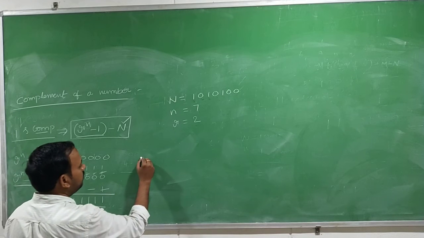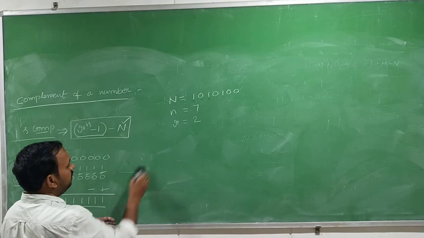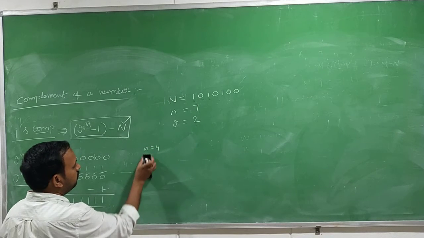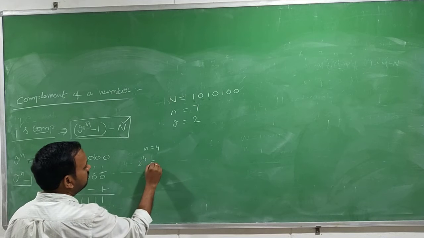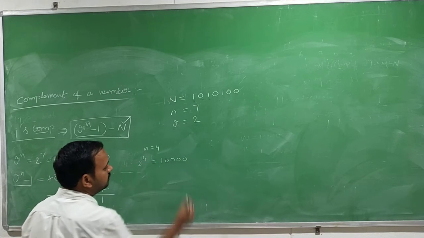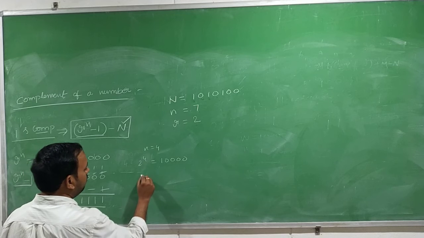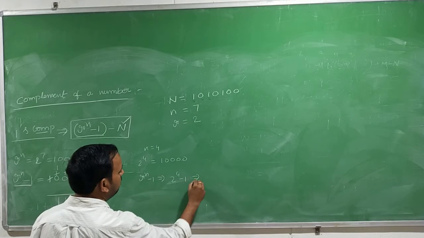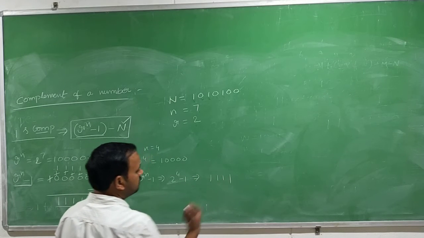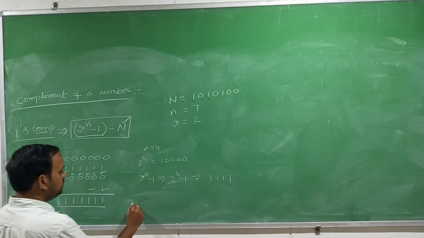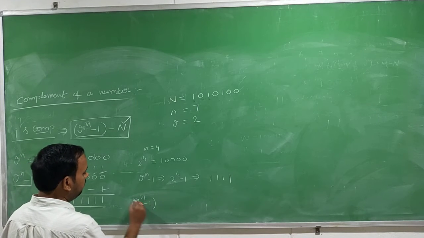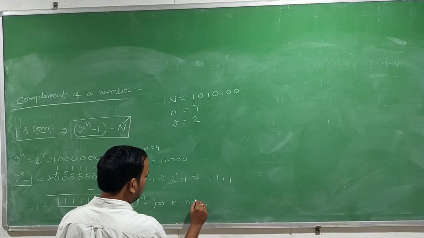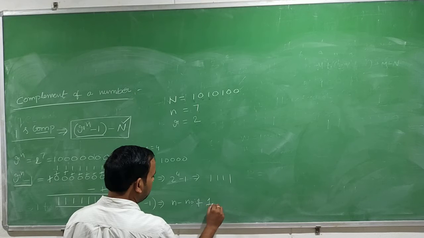For example, I have taken n equal to 4. Now r power n, 2 power 4, is 1 followed by 4 zeros. Now r power n minus 1, that is 2 power 4 minus 1, will become 4 ones. So the essence is, r power n minus 1 is nothing but n number of ones.